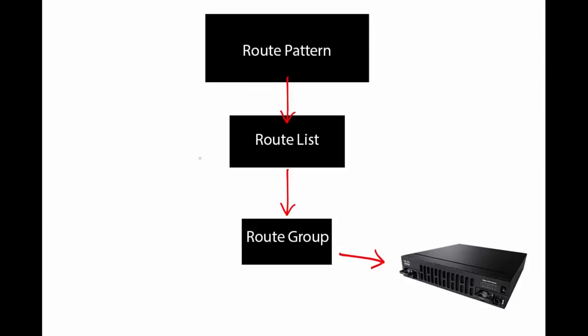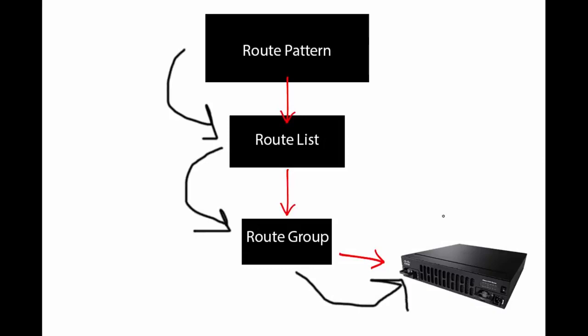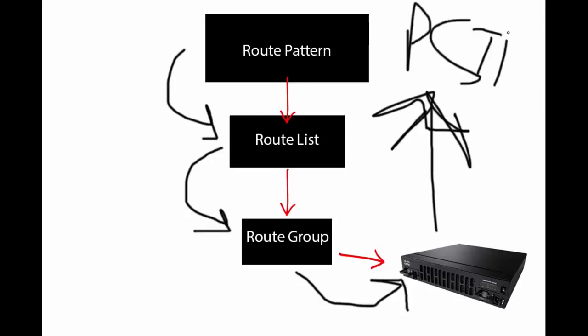Whatever, who cares? So if we go back to our view here, the route pattern looks at a route list, boom, and then that route list will contain route groups, which then contains our SIP trunks, which will get us to, horrible arrow, the PSTN.